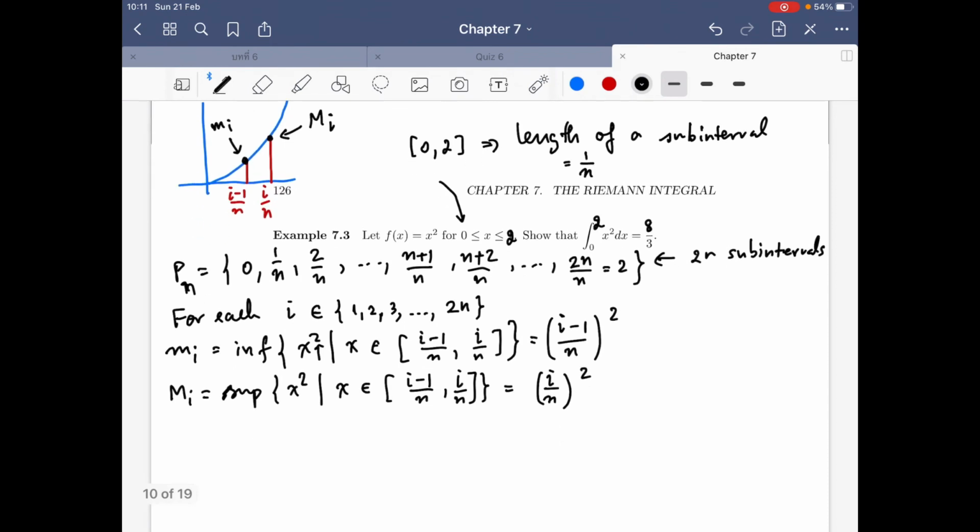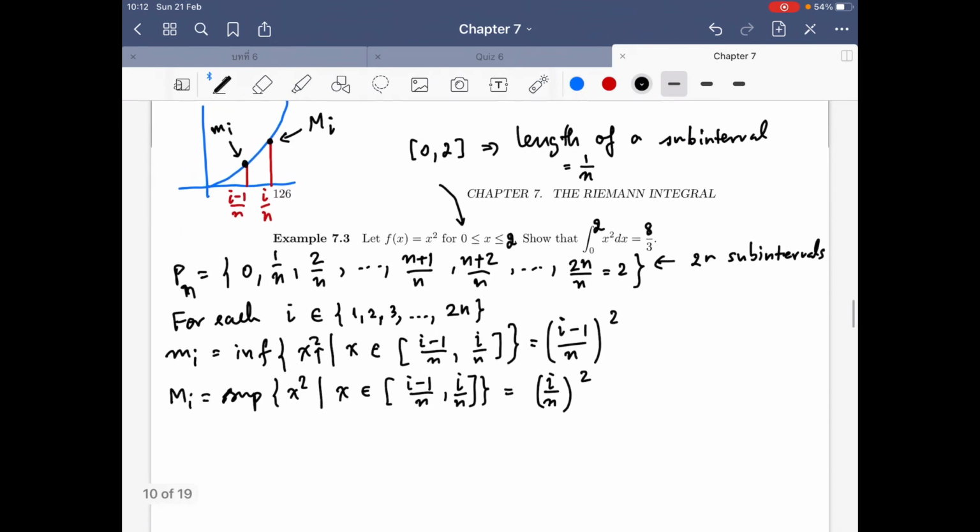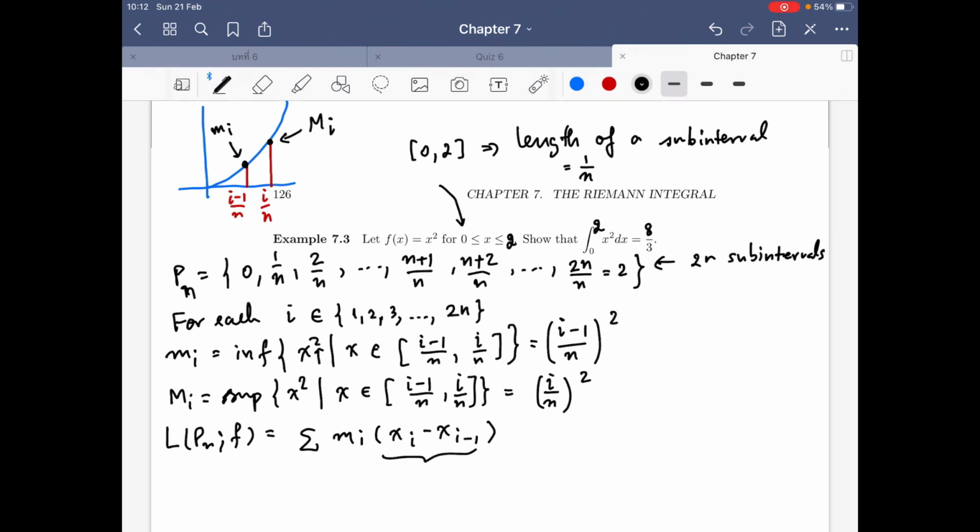Okay, so from your capital Mi and smaller mi, you know how to calculate your lower sum, which is a summation of this one and then the length of each subinterval. Again, this length is an equal length of 1 over n, and you need to be careful here because you have 2n subintervals, so i needs to start from 1 to 2n.